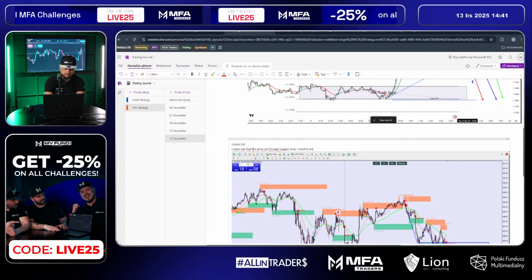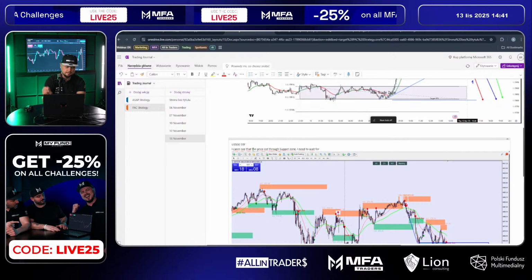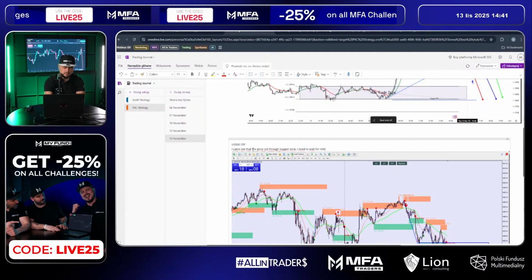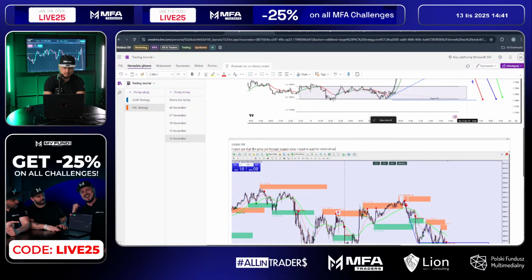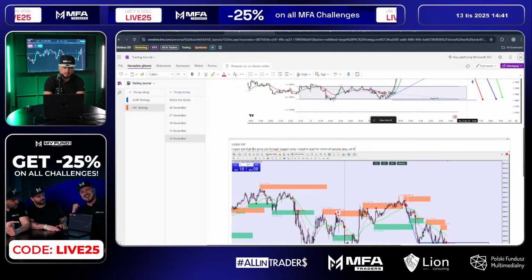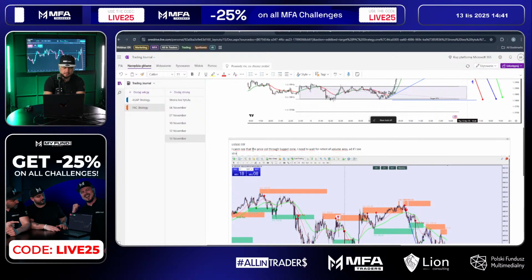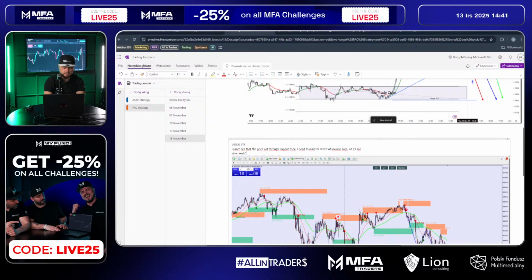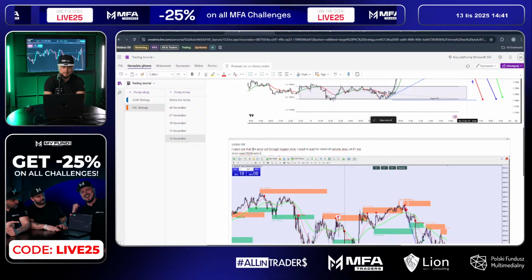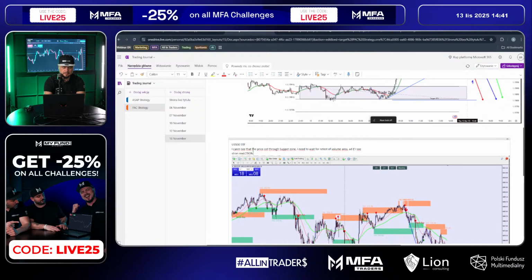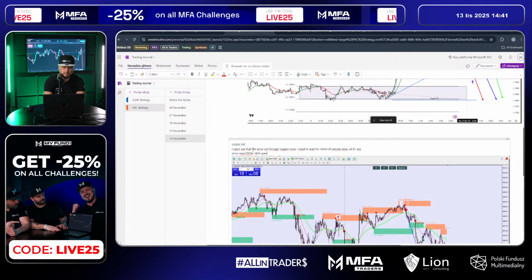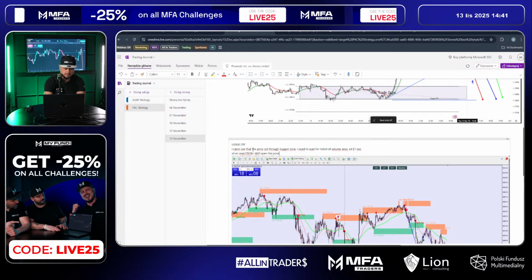I need to wait for retest of volume area, and if I see strong reaction, I will open the position.